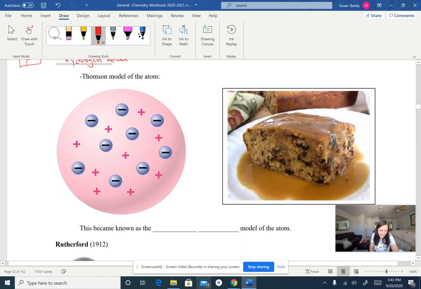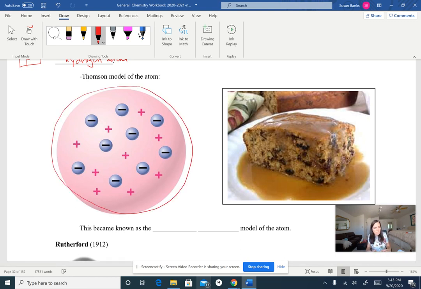Okay, so this is the way Thomson thought of an atom. He thought the atom was this positively charged matrix that just had positive charge all through that pink matrix. And then randomly studded in this positively charged matrix were the electrons, just randomly in there. Now, being the British guy that he was, he thought it would be a lot like this classic British Christmas dessert.